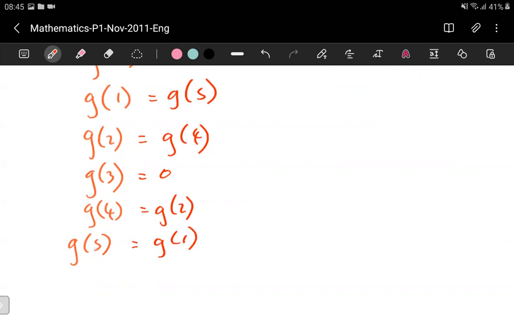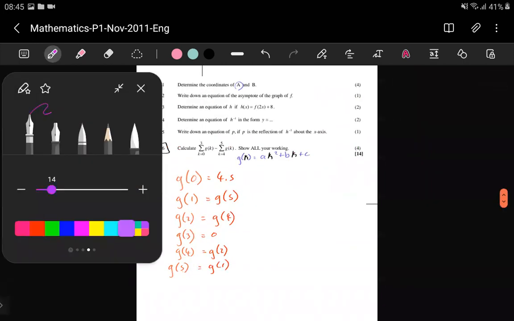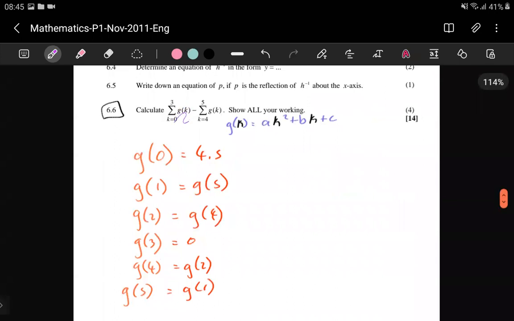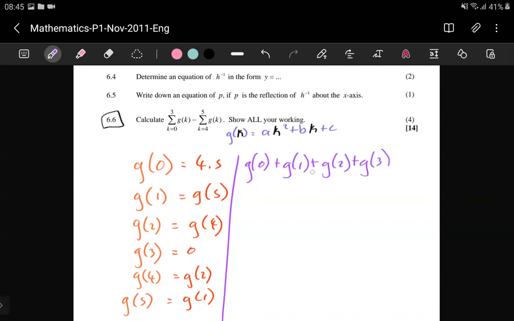So what you know now is, in your calculation, you're going to be adding from 0 until 3, so you're going to be saying here, G0 plus G1 plus G2 plus G3. After adding these up, you're going to subtract G at 4 minus G at 5.